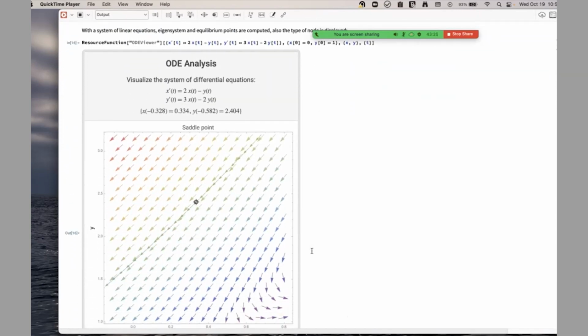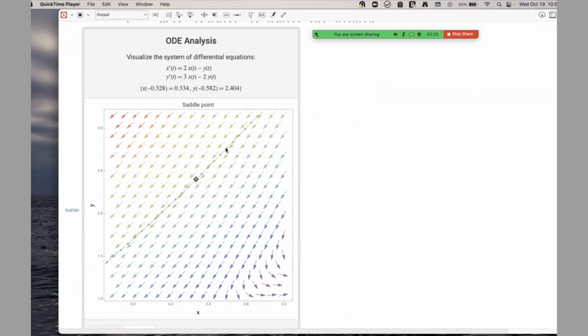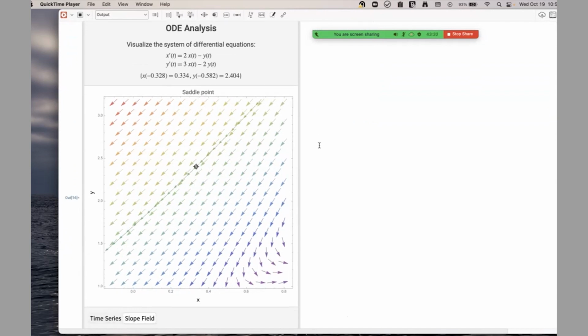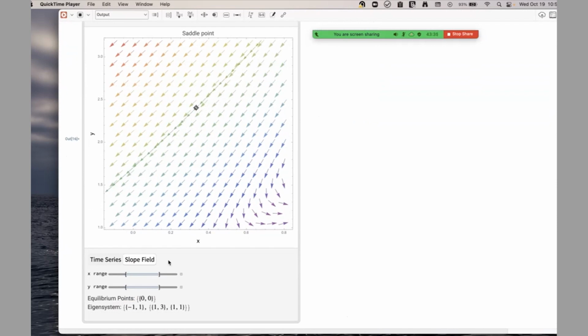Well, here is a system of differential equations. The type of node is shown at the top of the slope field. The equilibrium points and the eigensystem are shown at the bottom.